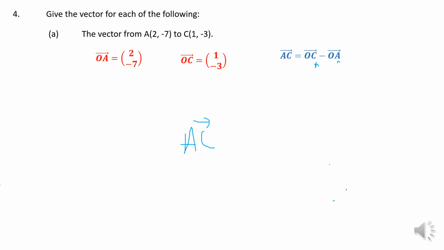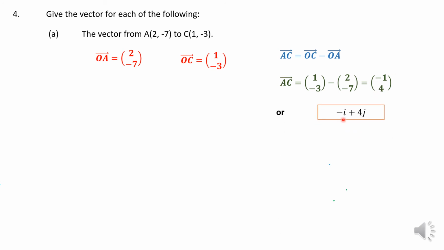Now you just punch in your column vectors: 1, -3 minus 2, -7. And then you have the answer. You can leave your answer as a vector, or you can give it with base vectors, minus 1i plus 4j. But we are fine with -1, 4 for now.